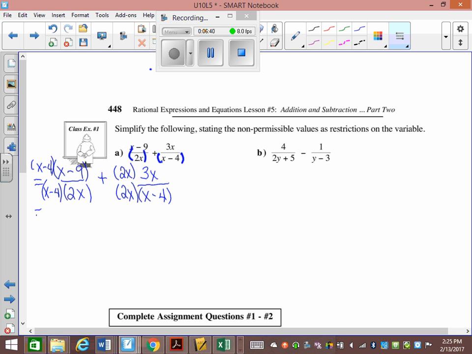So I can just write x minus 4 times x minus 9 plus 2x times 3x. So literally just writing that whole top over x minus 4 times 2x.